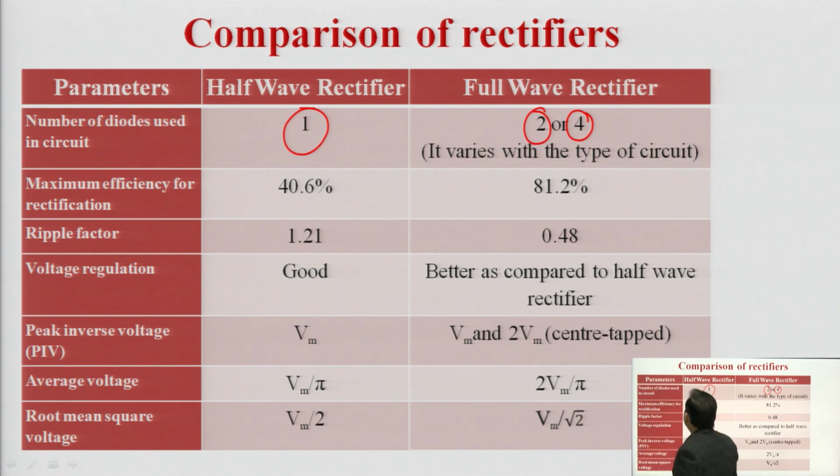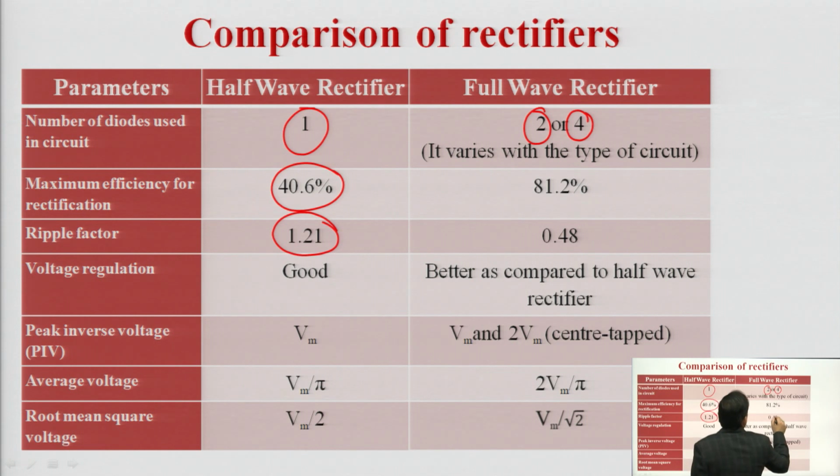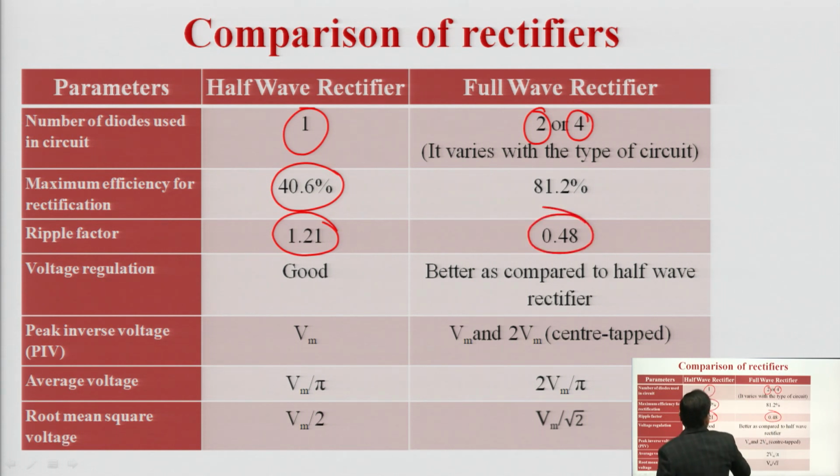Next, the maximum efficiency in half wave was 40.6%, but for full wave the efficiency is just double, around 81.2%. The ripple factor is higher in half wave, 1.21, whereas in full wave it is around 0.48. Voltage regulation is better in full wave as compared to the half wave rectifier.